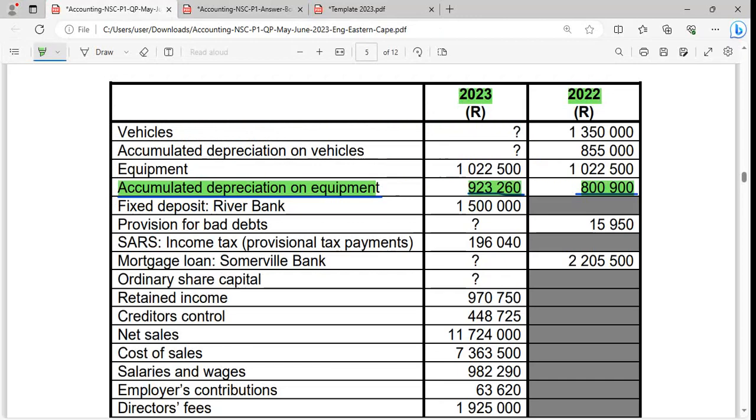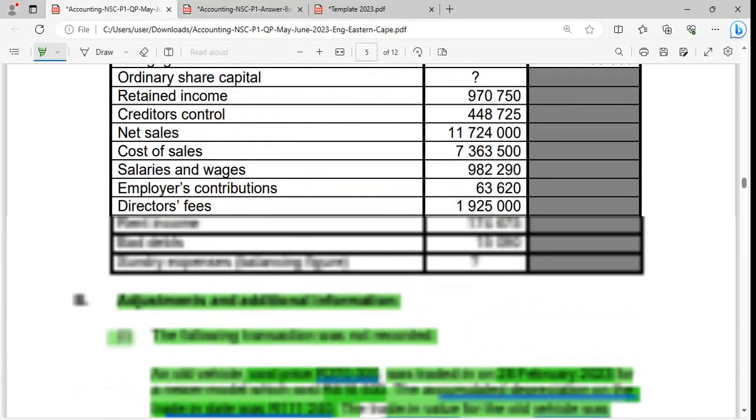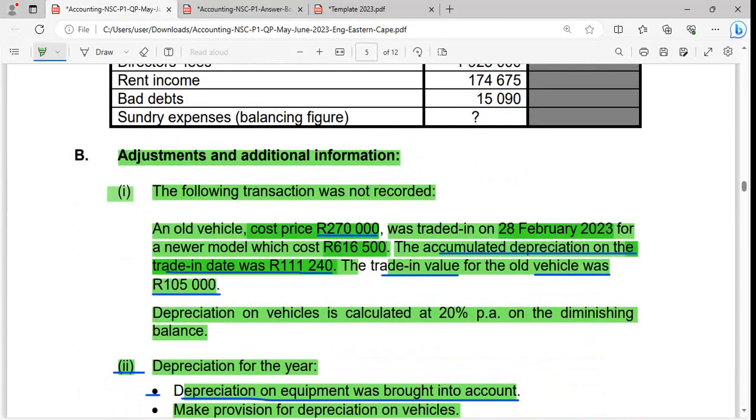So depreciation on vehicles. Remember, we have the new vehicle, but this new vehicle that we got when we traded in the old one, we will not calculate depreciation on it because it became available on the last day of our financial period. So this vehicle of 616,500 was available on the 28th, 2023.